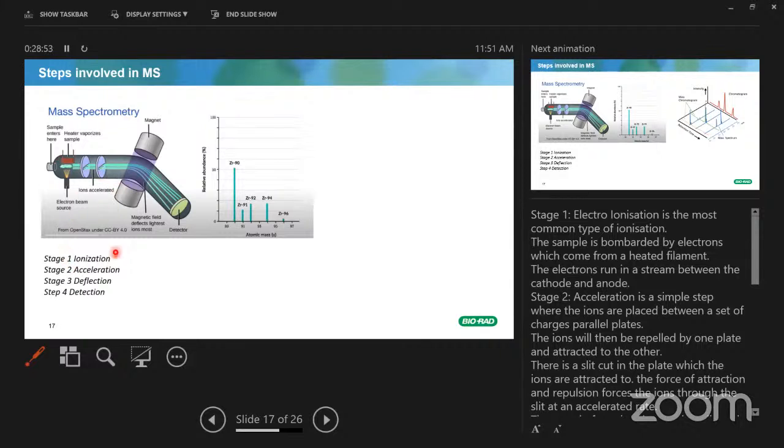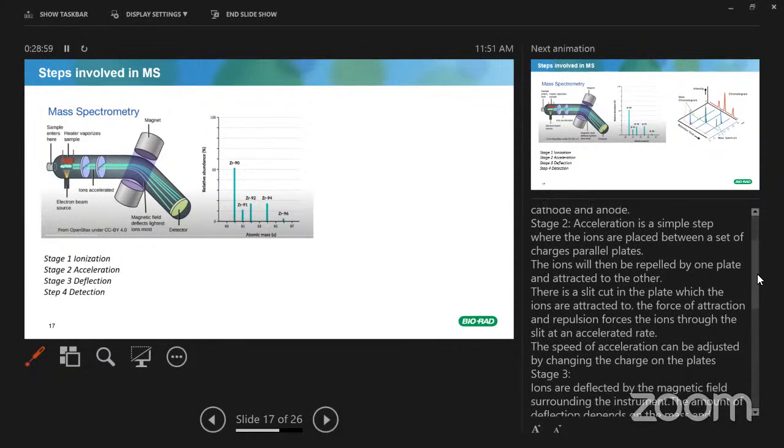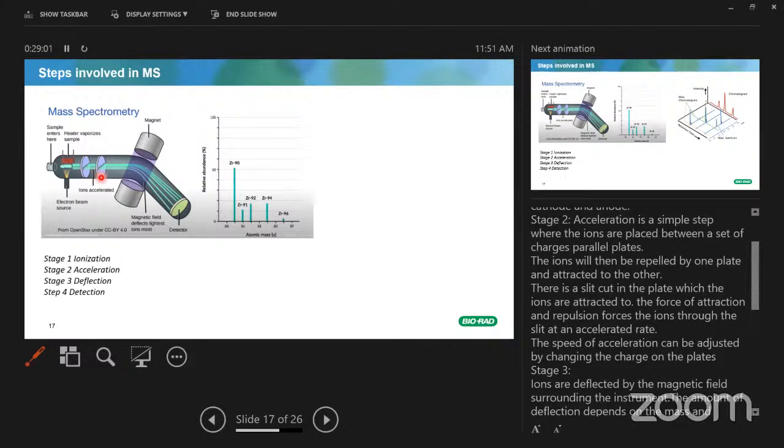The second part is acceleration of these ions. There are 2 charges, cathode and anode, and the ions are accelerated, and there is a slit cut in it. The ions get repelled by one plate and attracted by the other, so they are accelerated at this stage.